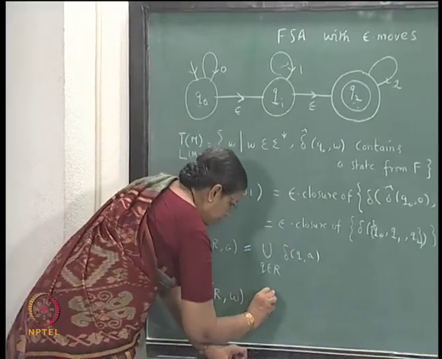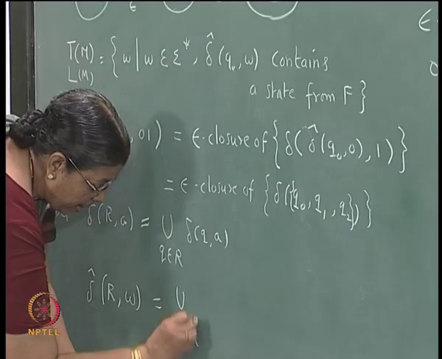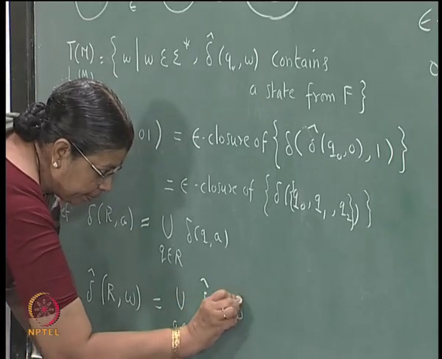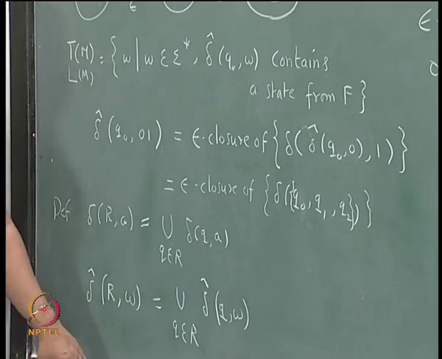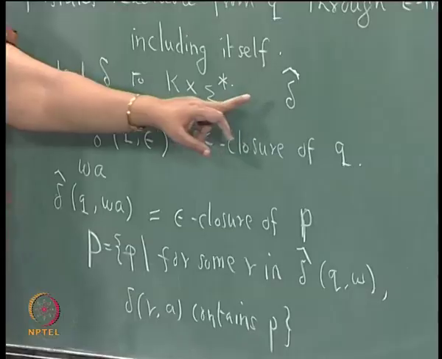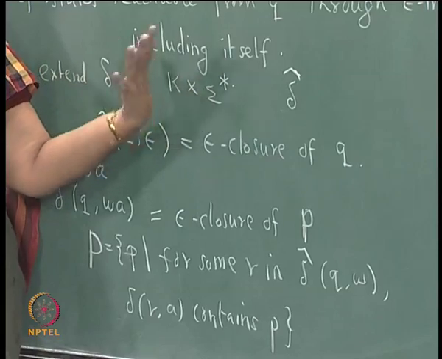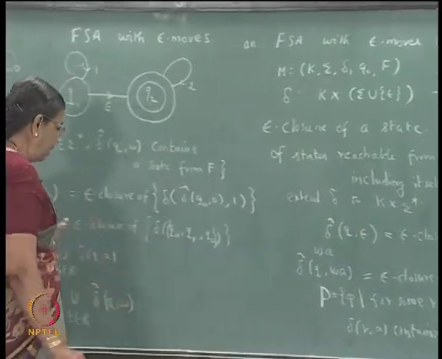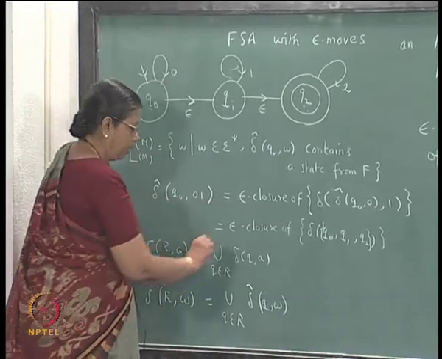This will be defined as the union of Q belonging to R delta cap Q W. So, you have extended delta to delta cap on Q cross sigma star. When you want to extend delta and delta cap to a set of states, you extend like this.